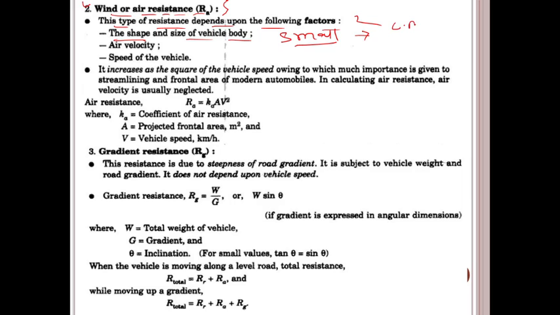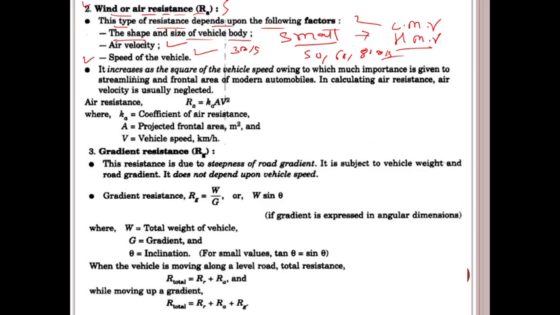Then air velocity: what is the wind velocity which opposes the motion, 3 meters per second or 5 meters per second. And the speed of the vehicle: 50 or 60 or 80, whatever it is. So it depends on these conditions.